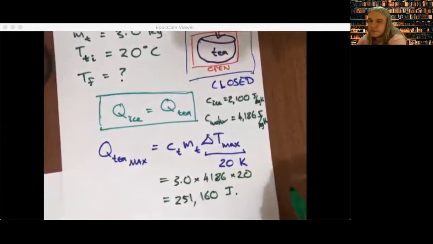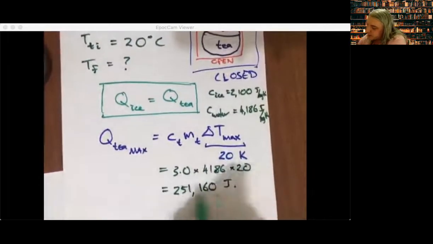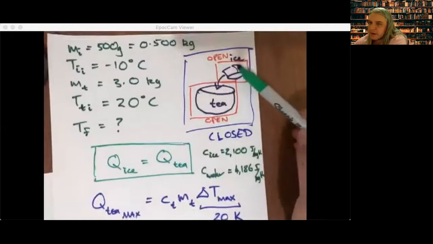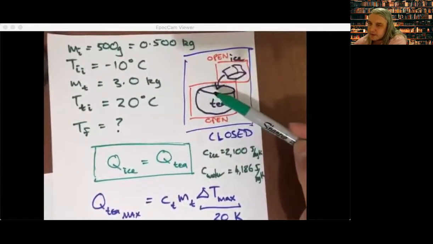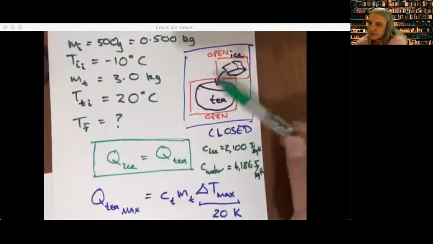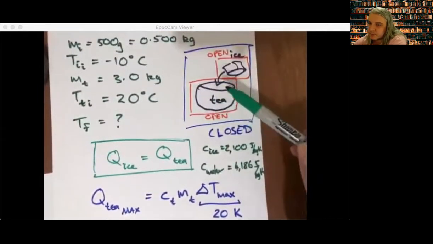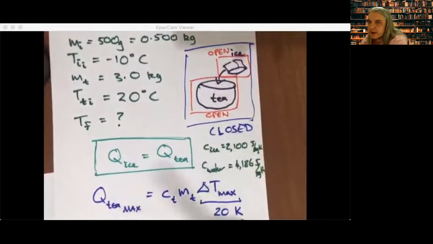So that's the maximum heat loss of the tea. If that maximum heat loss of the tea is enough to bring the ice up to 0 degrees and to melt it, then that means our final system will be liquid. If that's not enough energy to bring the ice up to 0 degrees Celsius and melt it, then that means our final system will be a mixture of ice and liquid.